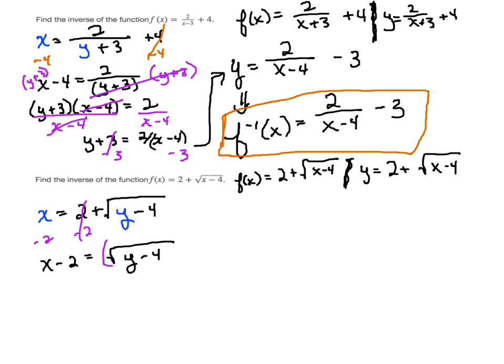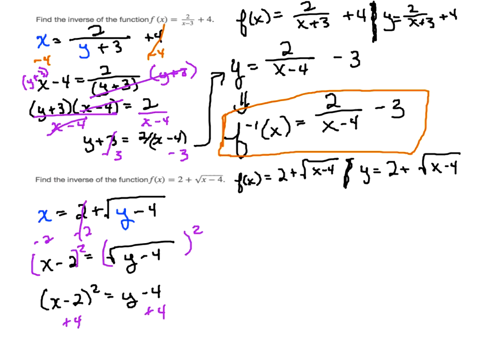Square both sides to get rid of that square root. And that leaves me with x minus 2 squared equals y minus 4. And then I just need to add 4 to both sides to isolate the y variable.